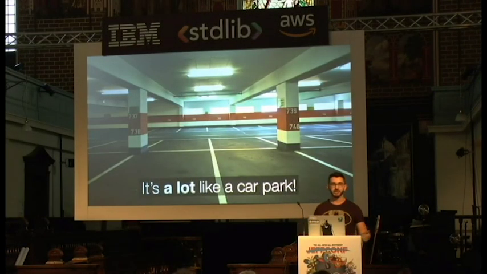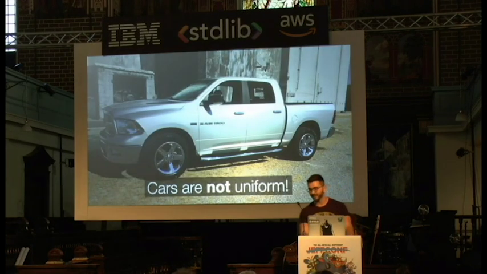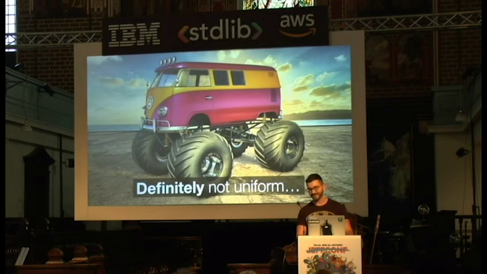Cars usually come in a certain width, in a certain length, and whatnot, right? So the assumption is cars are uniform. Turns out cars are not uniform. We all know the guy who owns a Dodge Ram and takes at least 2 parking spots, if not 3. And it turns out, no, cars are definitely not uniform.